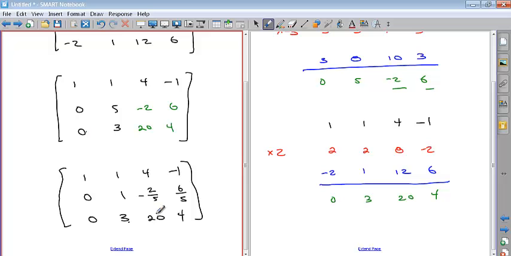So I'm just going to check my answer here in the back of the book.